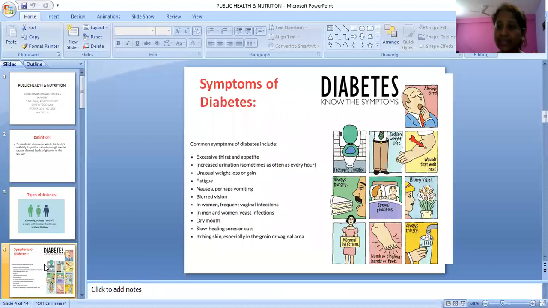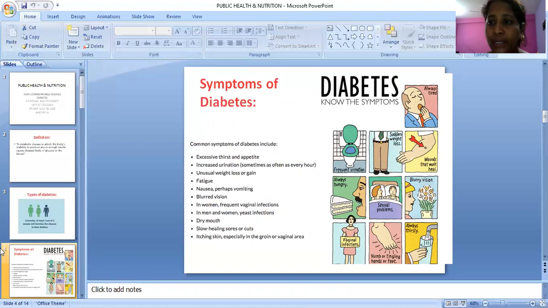Next, what are all the symptoms? Symptoms of diabetes: people may show three or up to 10 symptoms. First is polyuria, that is nothing but frequent urination. People go many times for urination. Second is polyphagia, which is excess appetite. They always feel hungry.